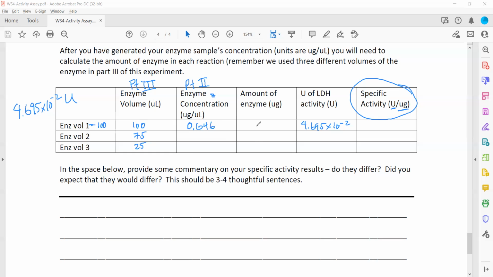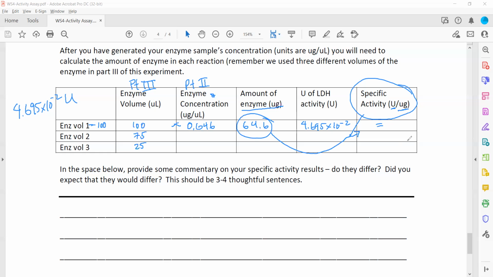Okay. So what this gives me is a way to calculate the amount of enzyme present in my fraction. I can take my volume, multiply it by my concentration, and get 64.6 micrograms of protein. I can then solve for my specific activity, which is 4.695 times 10 to the negative second divided by this value right here.